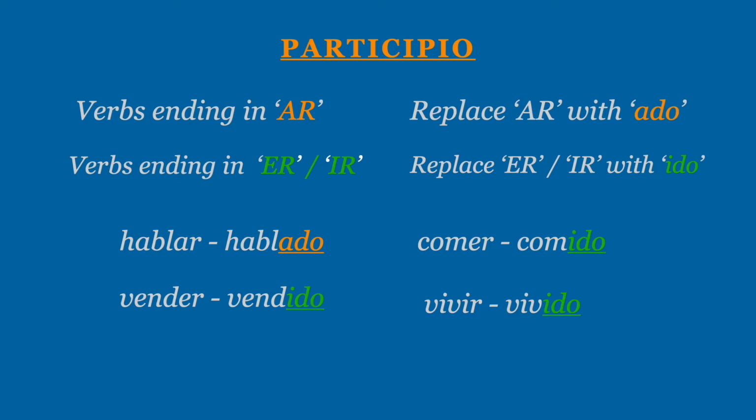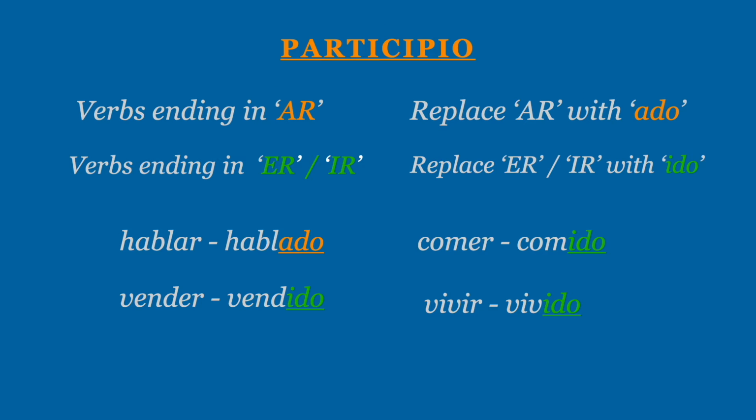It is called participio, and as you know, all the Spanish verb infinitives end in either ar, er or ir. So for the verbs ending in ar, we will take out that ar and replace it with ado. The same way, for the verbs ending in either er or ir, we will replace er or ir with ido.